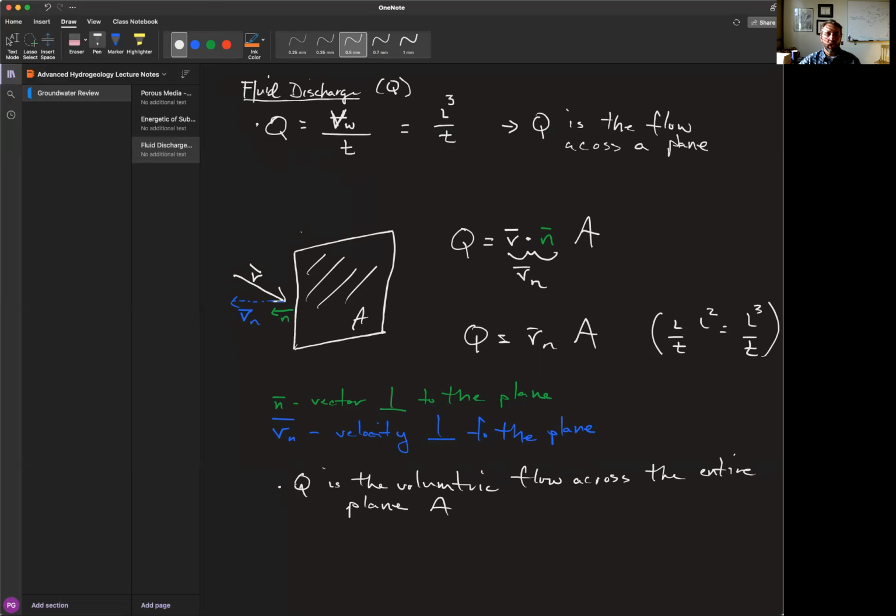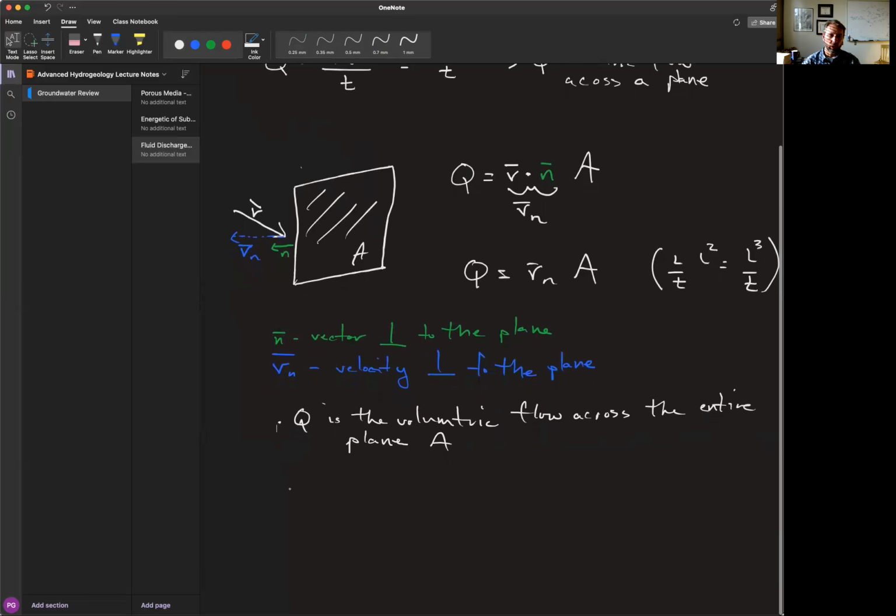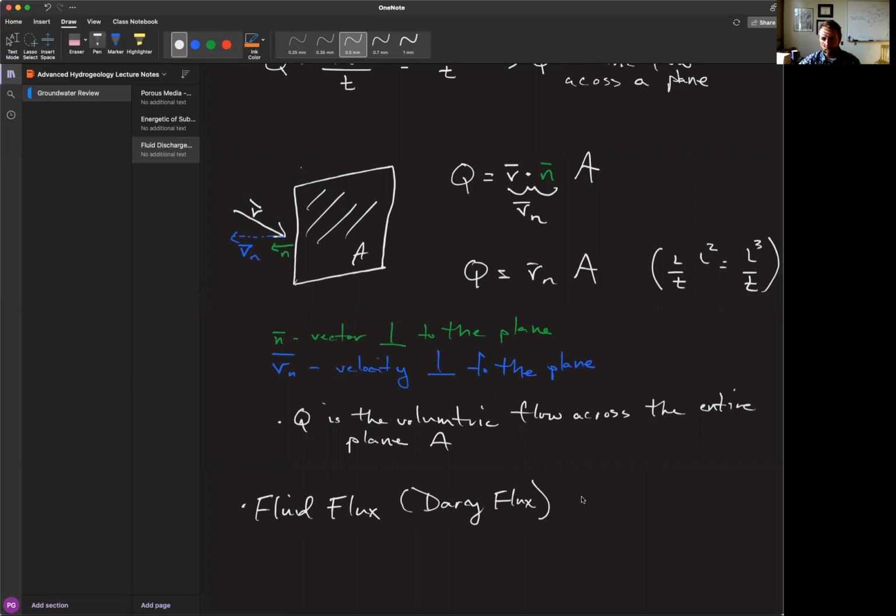Another really useful quantity that we'll use a lot in groundwater is what we call the fluid flux. It also gets called the Darcy flux. We're going to denote that as little q.